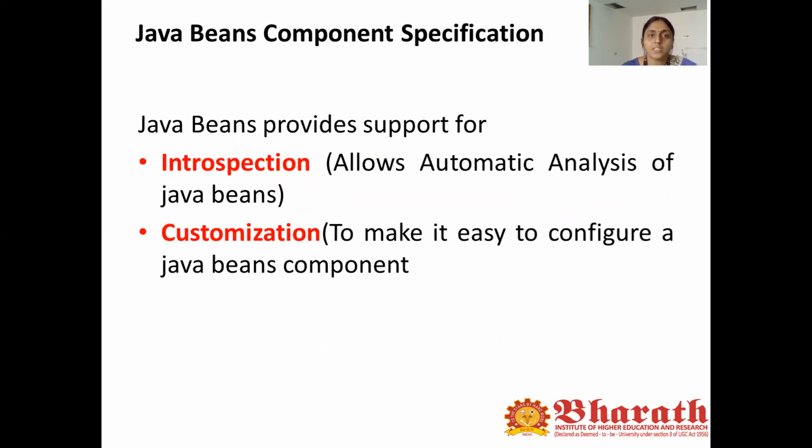And now we will see the Java Beans component specification. Java Beans always provides support for two main factors. Number one, introspection, which allows the automatic analysis of Java Beans. And the second factor is customization, which makes it easy to configure a Java Beans component.